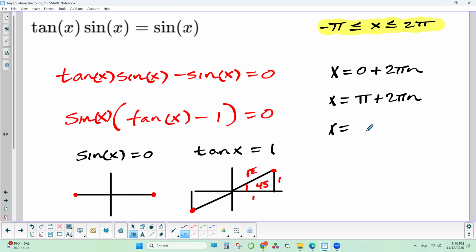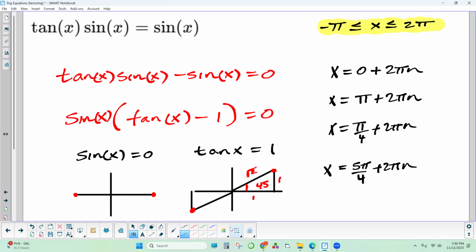Then x equals pi over 4 plus 2 pi n, and last, 5 pi over 4 plus 2 pi n. Now, this is for all angles, but we are given an interval of negative pi to 2 pi. So we're looking for all the angles between negative pi and 2 pi.